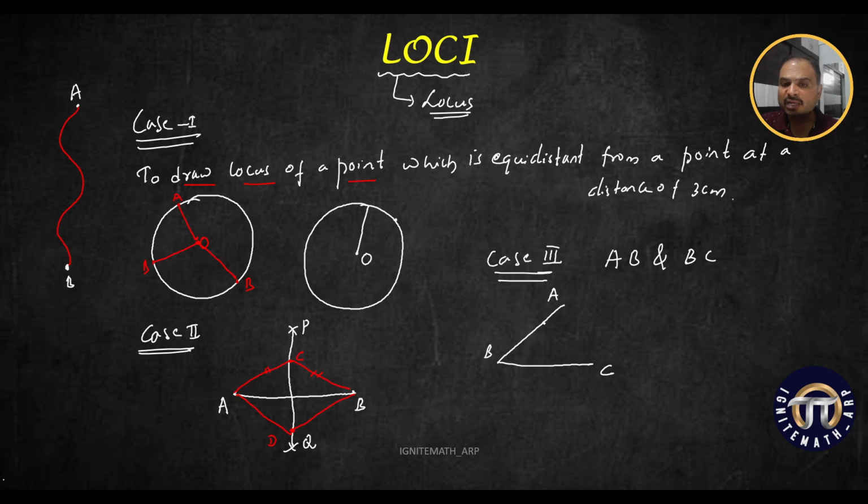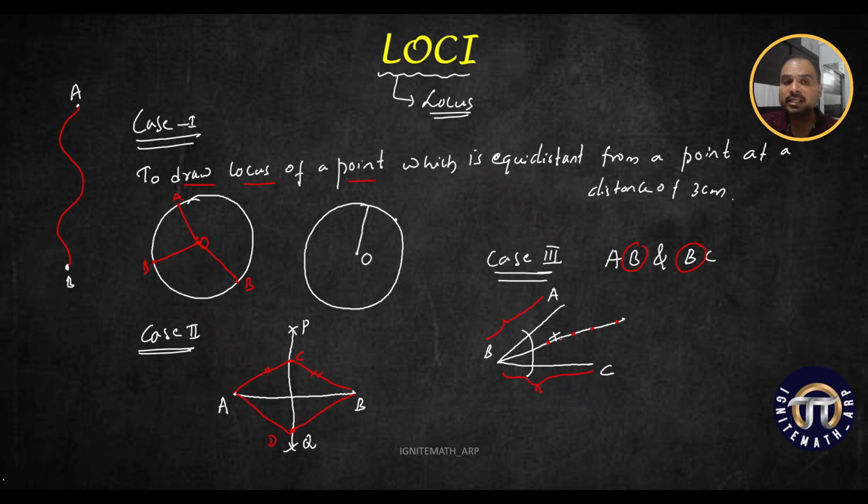Now there is an angle formed between AB and BC, that is the angle B. If you draw the angular bisector of this angle B, any point on this angular bisector depicts the locus of a point which is equidistant from the two arms AB and BC. Clear?